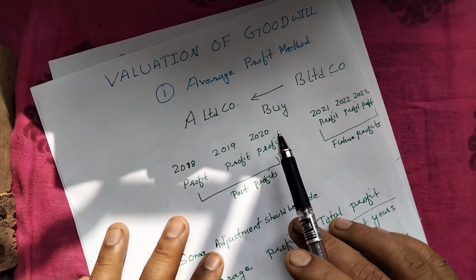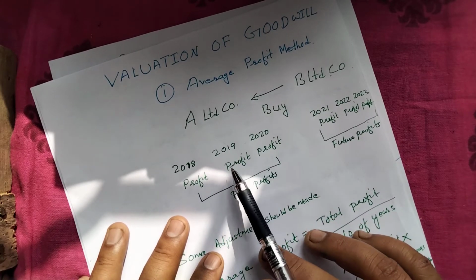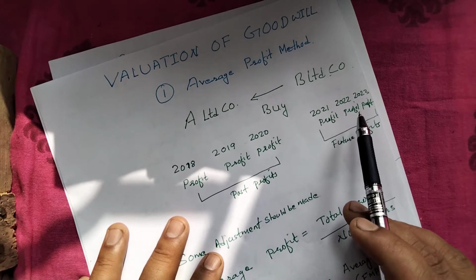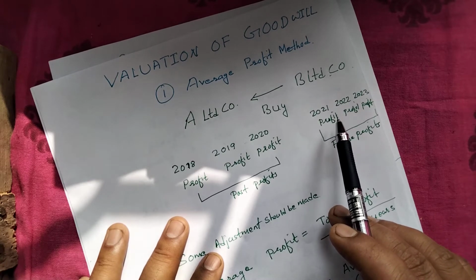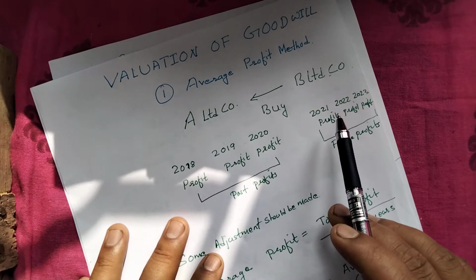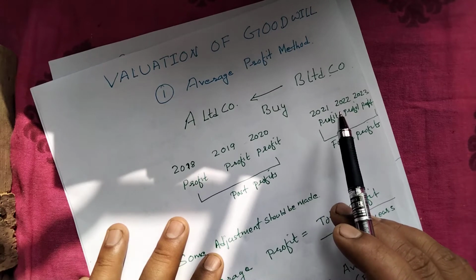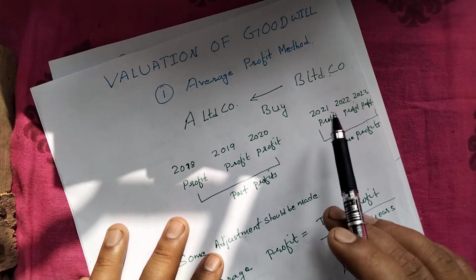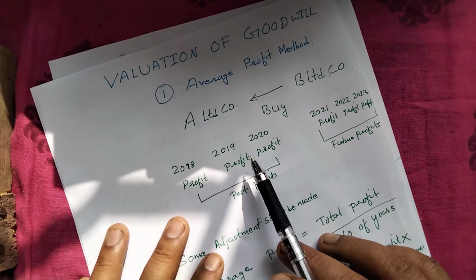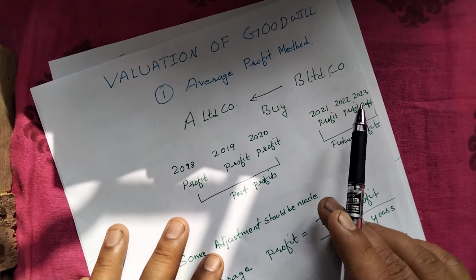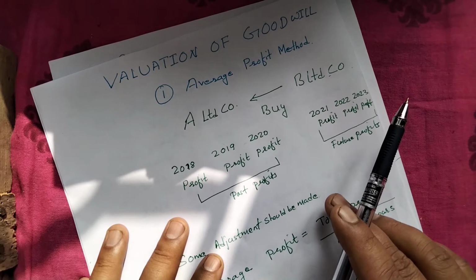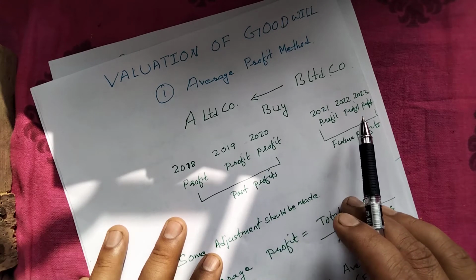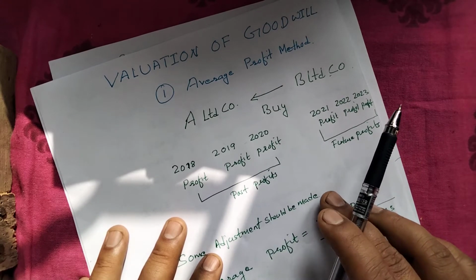The maximum we can predict is that since it's giving profit in the previous years, it will also give profit in the future, but only for 5 or 6 years, because after that the market is very dynamic and changes frequently. The market doesn't remain the same, so we can just predict that it will give profit for another 5-6 years, not more than that.